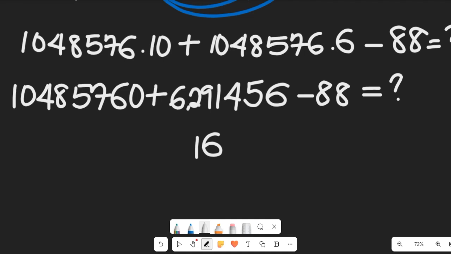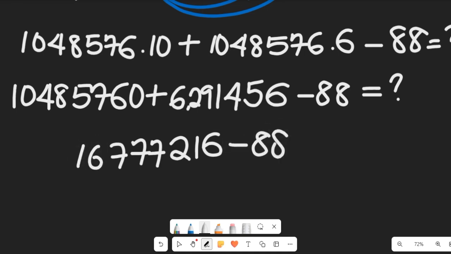We'll carry over 1. 6 plus 4 is going to give us 11 plus 1. That will give us 12, right? If we do that way, we're going to have 7, 7, right? And we are going to have 7 here. And after that, we'll have 1 and 6. And this will be subtracting 88.